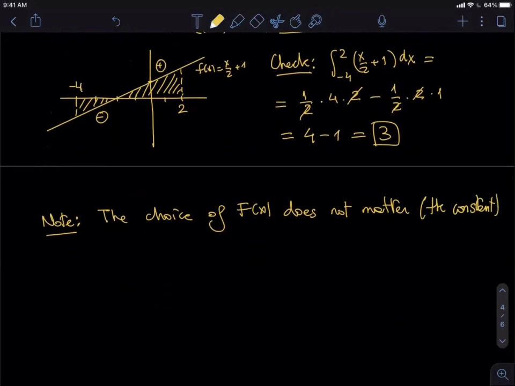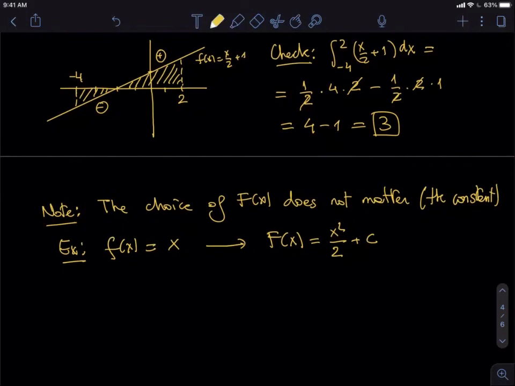So for example, let's say we have f of x equal to x, and we want to compute the antiderivative. And we decide that we want to really keep the constant there, with constant and everything. So we keep it, no problem. And we try to compute the integral from a to b of x dx.